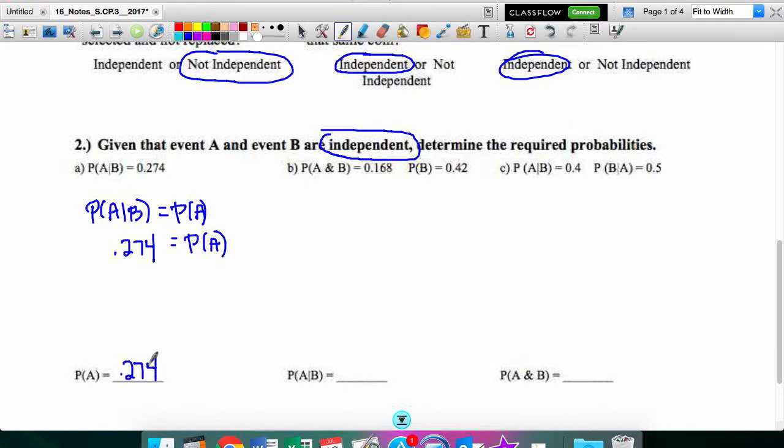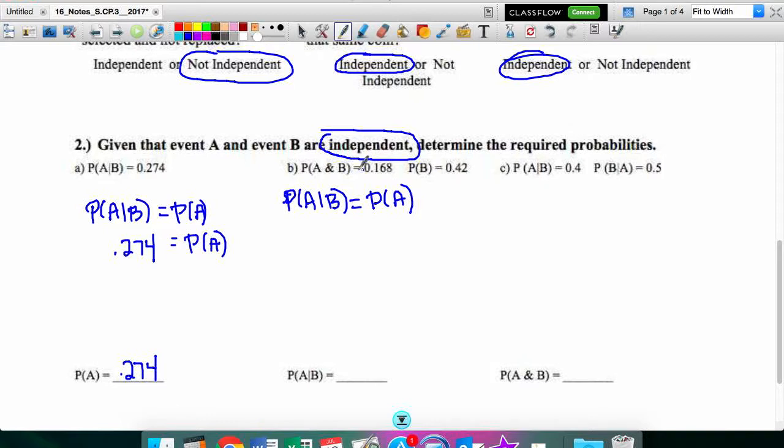In part B, we have the probability of A and B, and we also have the probability of B. We want the conditional probability of A given B. So let's start at what we want, the probability of A given B. What we know from the equations above is that the probability of A given B will be equivalent to the probability of A. We don't have either of those, so this doesn't seem to help us very much.